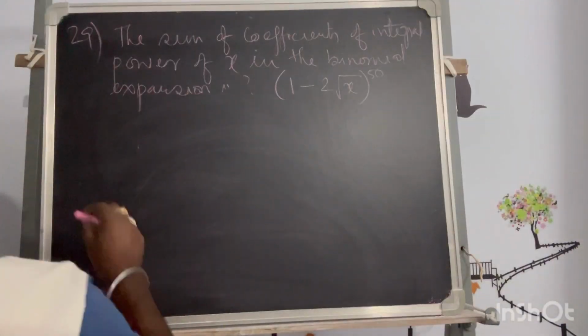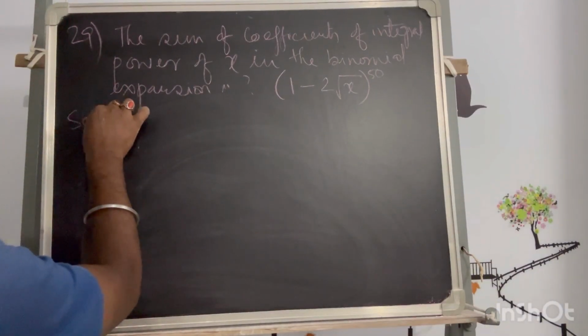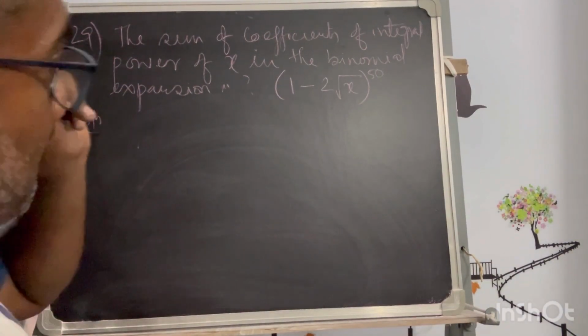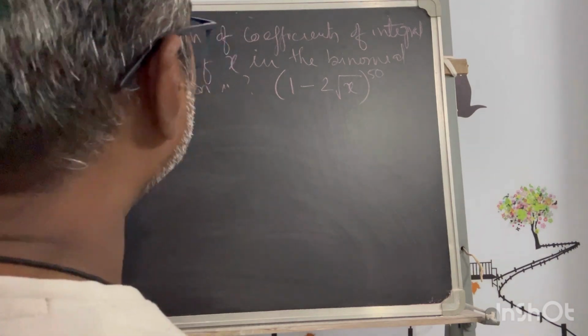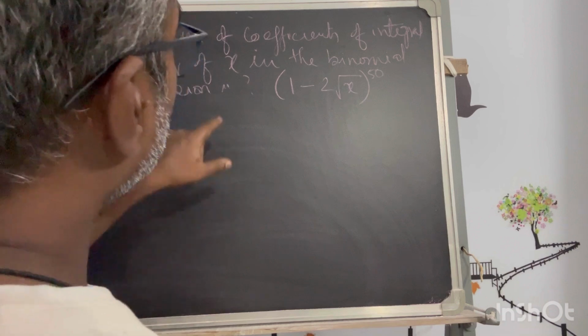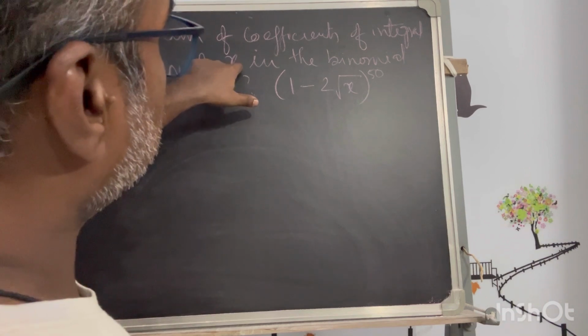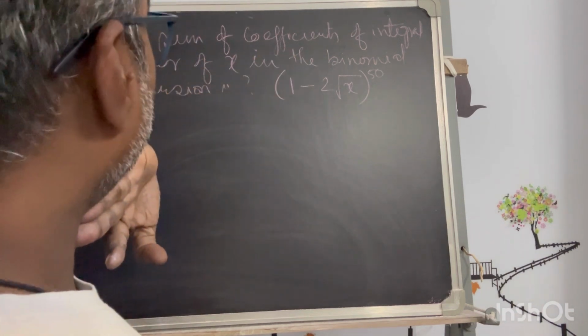So how do you find that? The sum of coefficients of integral power of x in the binomial series.